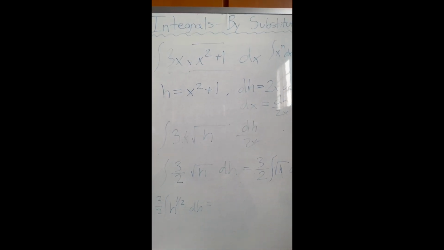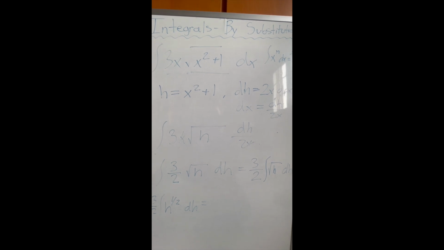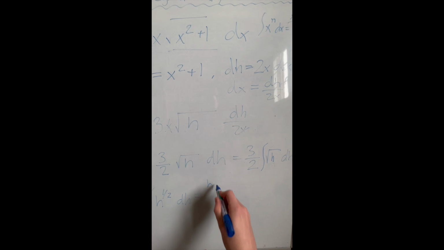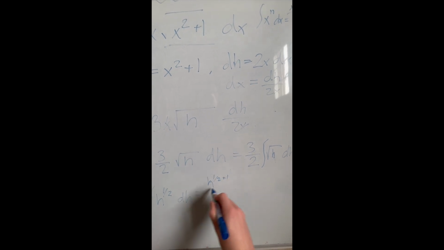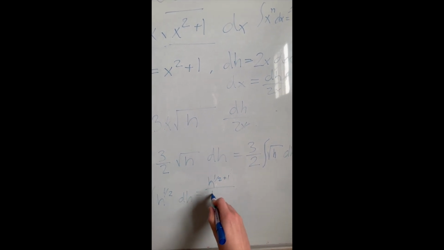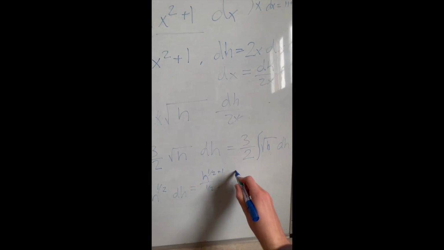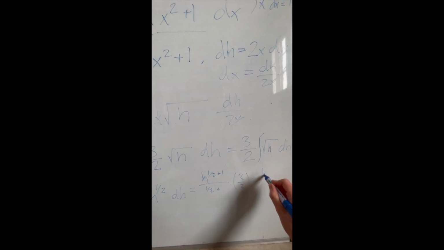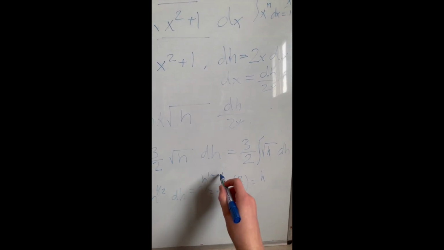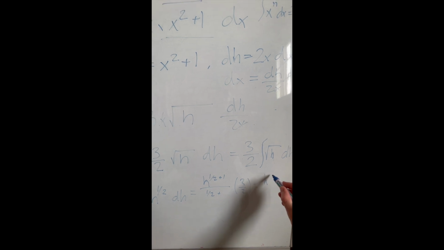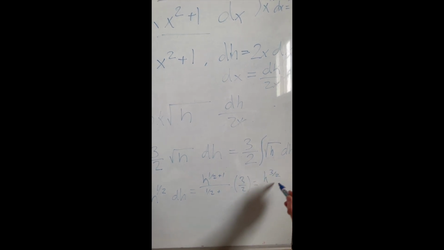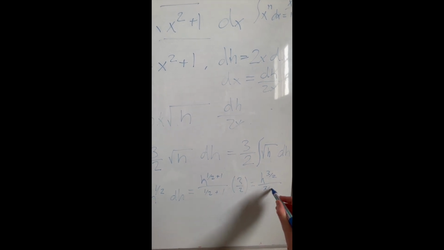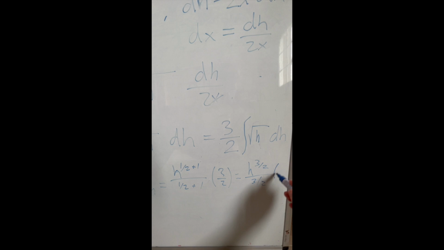So we do the same here, where our x is our h and our n is our 1/2. h to the power of 1/2 plus 1 divided by 1/2 plus 1 times 3/2. And this is going to be equal to h to the power of 1/2 plus 2/2, which is 3/2, divided by 1/2 plus 1, which is also 3/2, multiplied by 3/2.